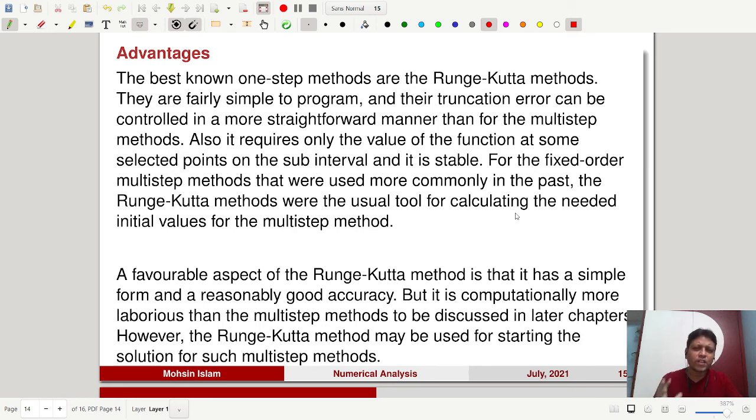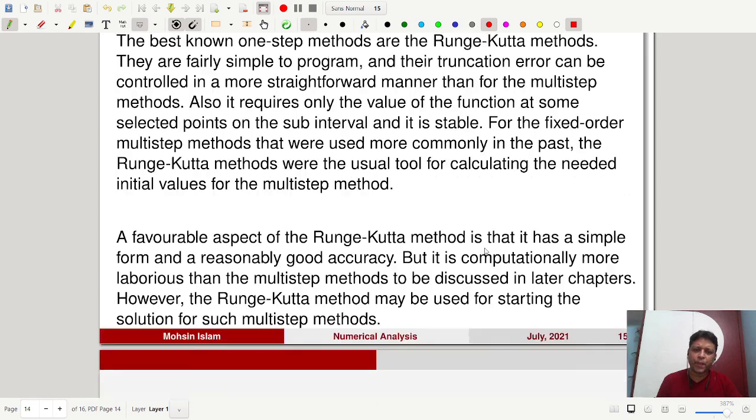Also, it requires only the value of the function at some selected points on the subinterval, and it is stable. For the fixed order multi-step methods that were used more commonly in the past, the Runge-Kutta methods were the usual tool for calculating the needed initial values for the multi-step methods.